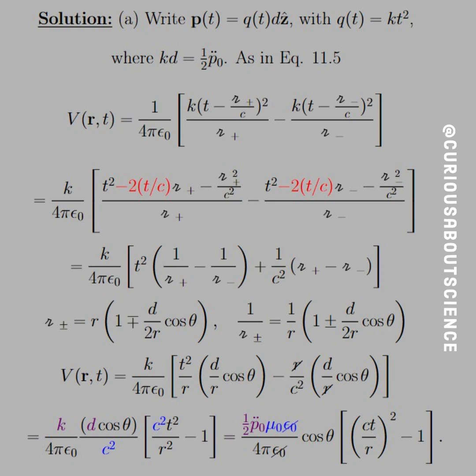And if we do the same thing here, we're left with d over r cosine theta for the difference of the script r's on the 1 over c squared term, and you get more cancellations. Here, both of them have a d cosine theta, so factor that out. We color-coded that again. And we can force the c squared factor by putting it into the t squared term.